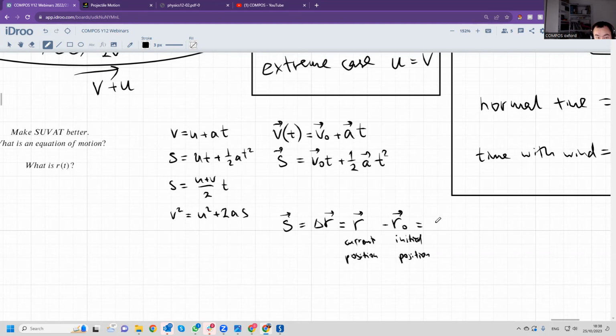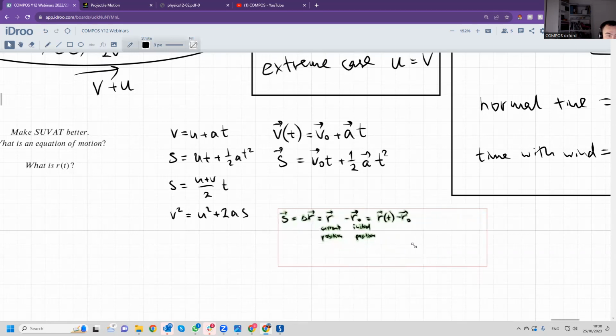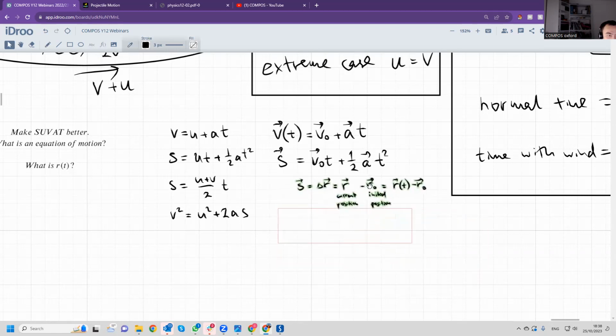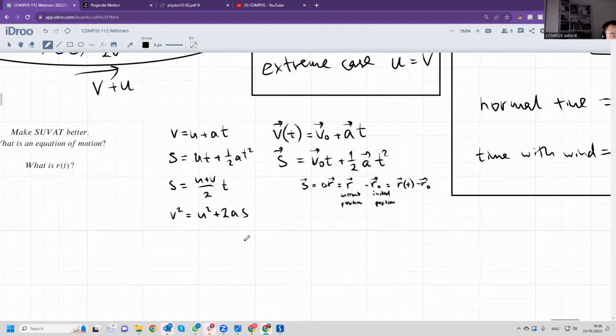And the current position is r of t minus r0. So we can stick that in here and rewrite it as r of t minus r0 equals v0t plus 1/2 a t squared.